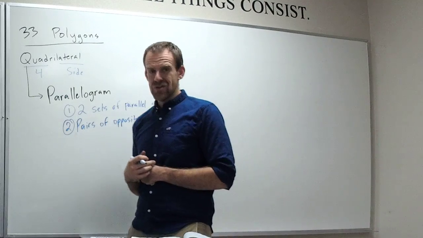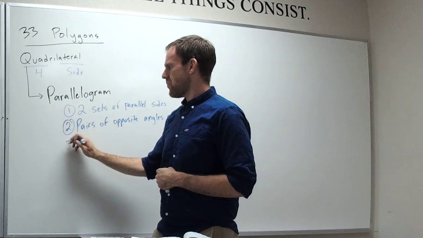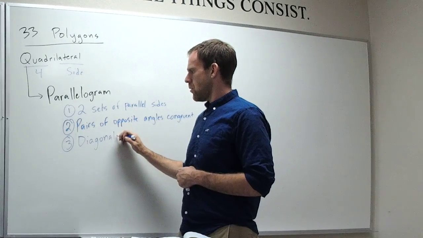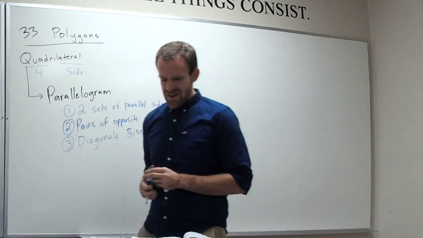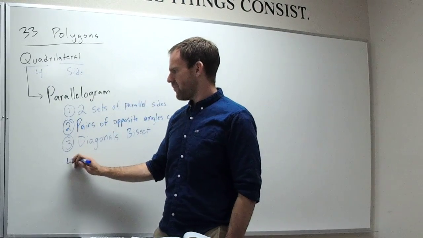Third, diagonals bisect each other perfectly. That means they chop each other in half. And fourth, any pair of consecutive angles is supplementary.